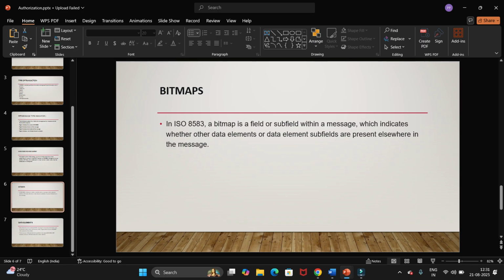It is a string of bits, zeros or ones, where each bit corresponds to a specific data element. If the bit is set to one, the corresponding data element is included in the message. If the bit is zero, the corresponding data element is absent from the message. This is the significance of the bitmap.